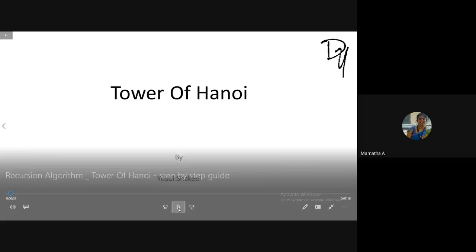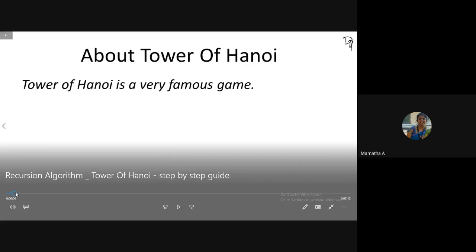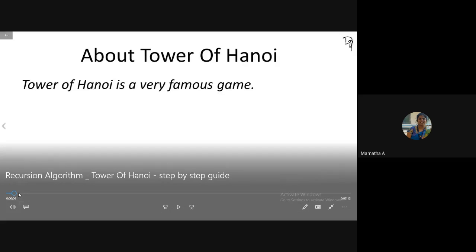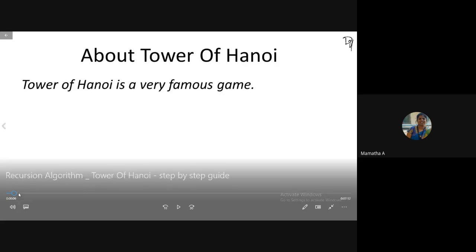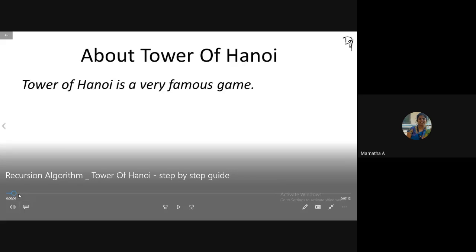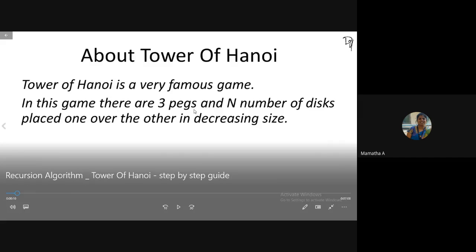Yes, ma'am. Okay. Fine. So the Tower of Hanoi, it's a very famous game. Usually the kids do play it. And you all know that in this game, we have 3 pegs, which we always call as towers or pillars, but usually in most of the textbooks they refer to them as pegs. 3 pegs and n number of discs placed one over the other in what size, students?